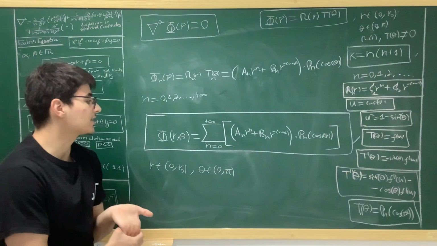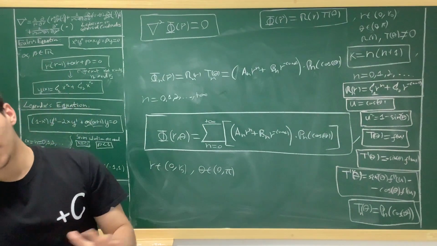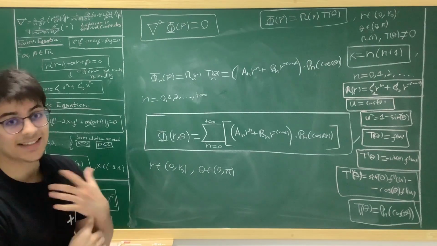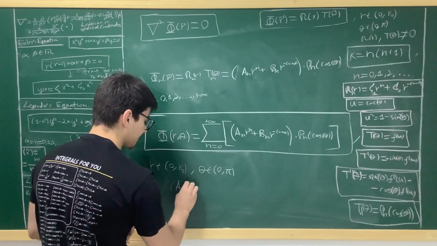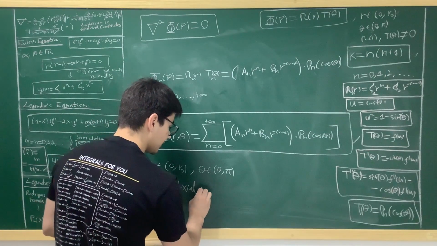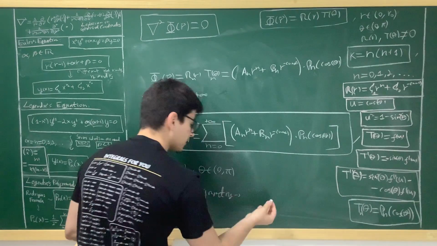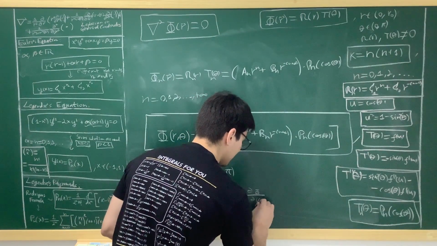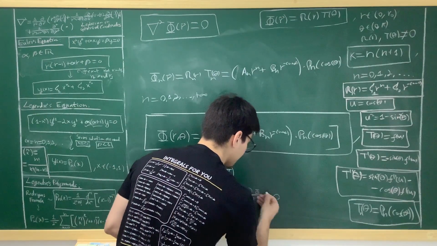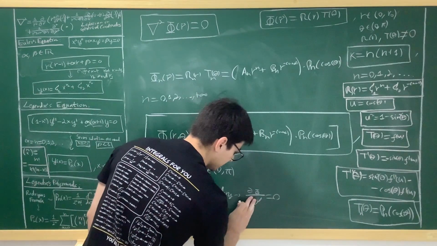This should be the solution to Laplace's equation in spherical coordinates, assuming, as we said before, axial symmetry. That is, it doesn't depend on phi. So the derivative of phi with respect to little phi is 0 because it doesn't depend explicitly on it. Let me just rewrite this a bit better.